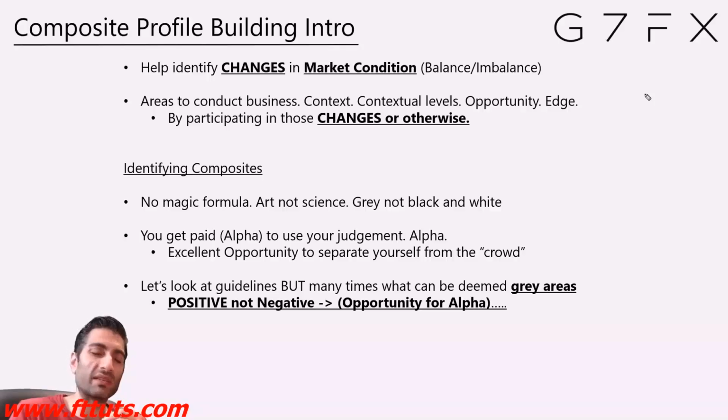So why? What is it? What are we actually looking for when we're building these composites? Well, if you think back to the section where I got you to do some of the exercises on the depth of market, and I've explained this a lot during auction market theory, what is the market? No matter what perspective you're looking at it from, it is the depth of market, right?